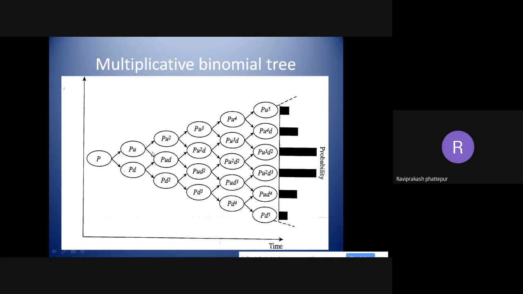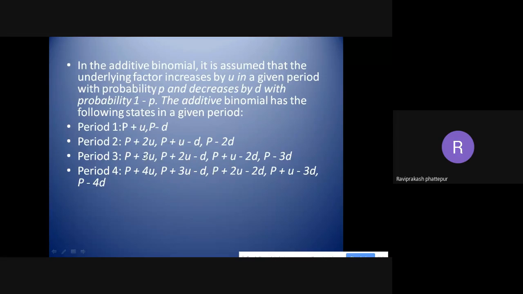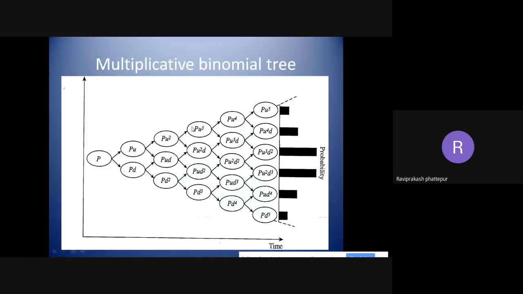Similarly, we have an additive tree. Then we have the addition ones, where we add u if it is increasing and subtract d if it is decreasing. Here we are not multiplying. Similarly, we get a tree like this, where instead of pu, I get p plus u and p minus d.